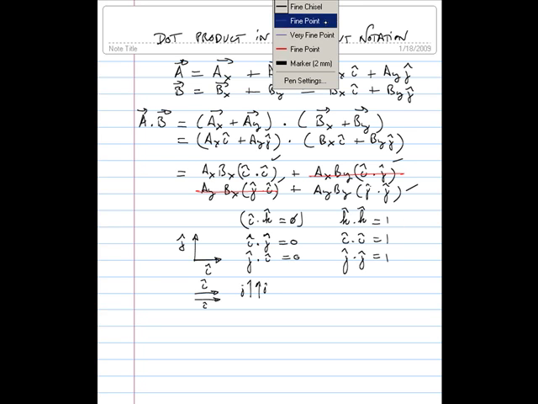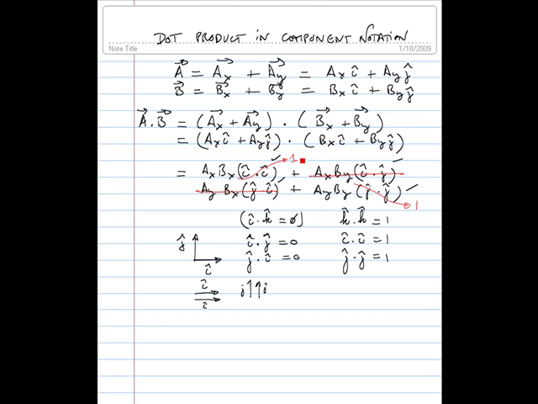Therefore, the two other terms can be reduced to just the sum of the products Ax Bx and Ay By. So a dot b is equal to Ax times Bx plus Ay times By.